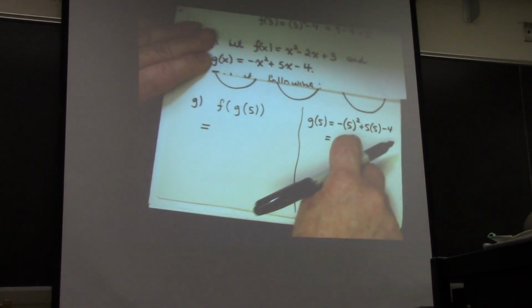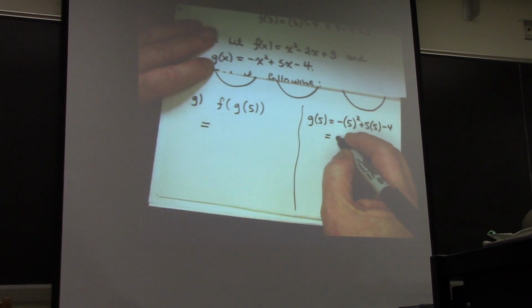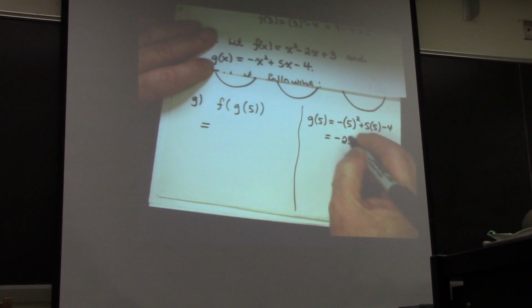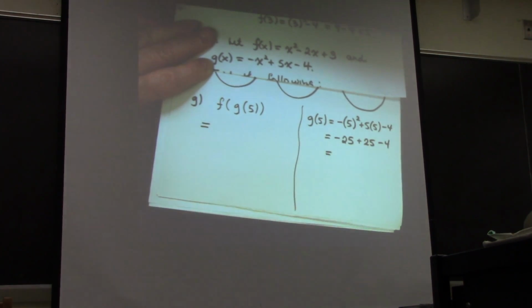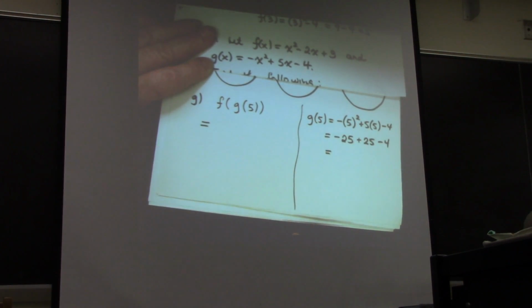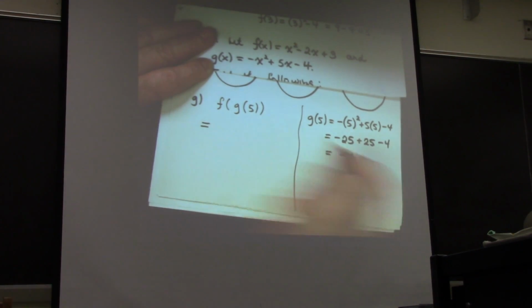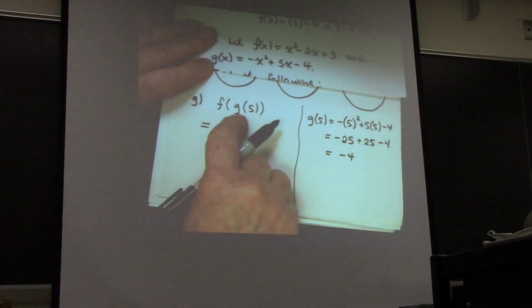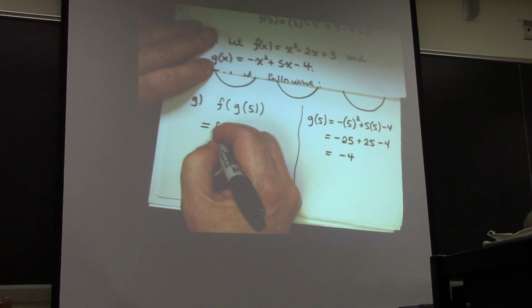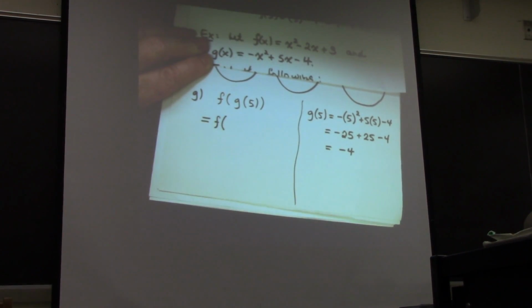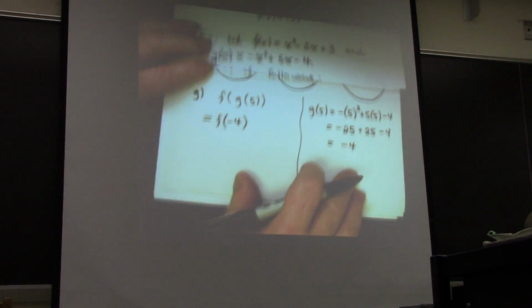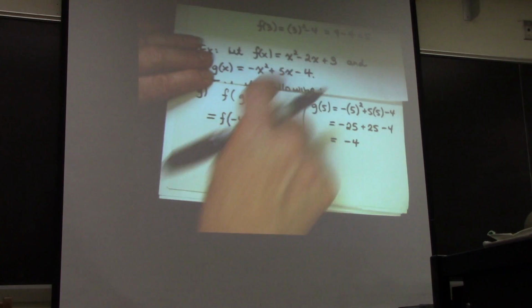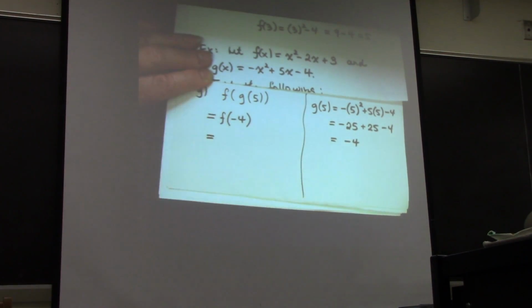Okay, so what's the negative 5 quantity squared? So negative 25, and then I have plus 25, and then minus 4. So g of 5 equals negative 4. So now I'm going to find f of negative 4. So now I'm going to plug negative 4 into my function f.